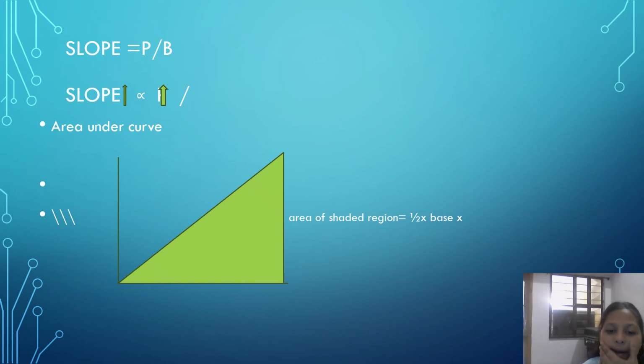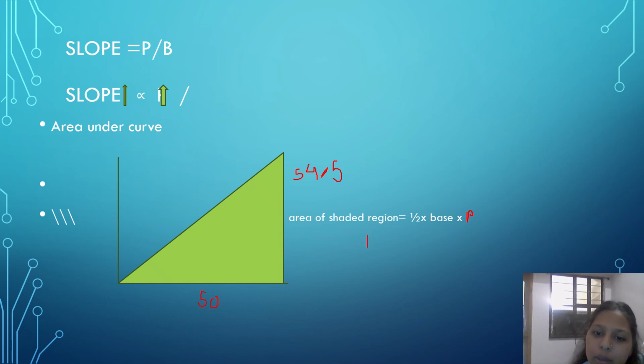Then if you get an equation where your base is 50 and your perpendicular is 54.5, using the formula half into base into perpendicular, okay?